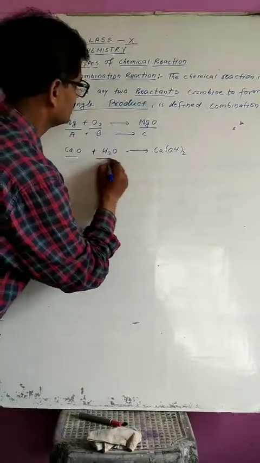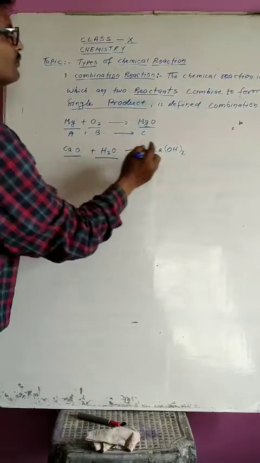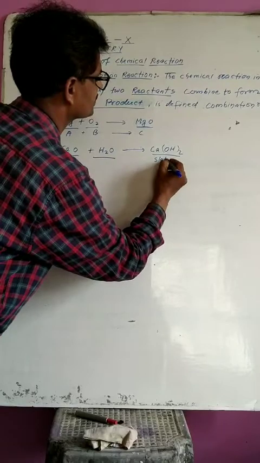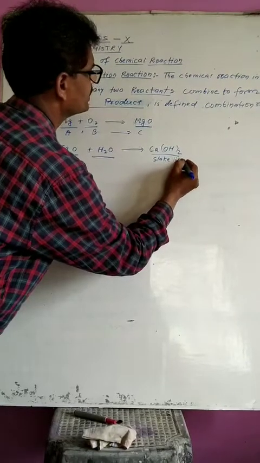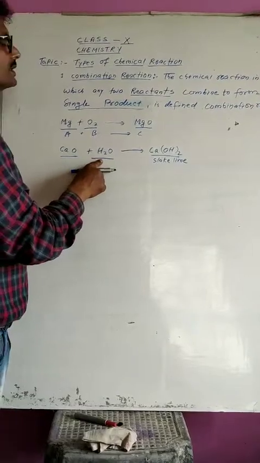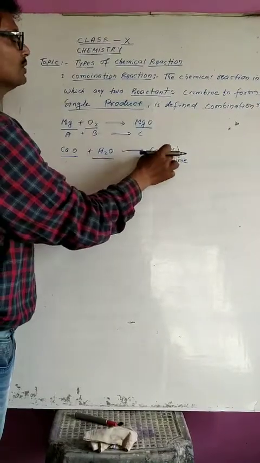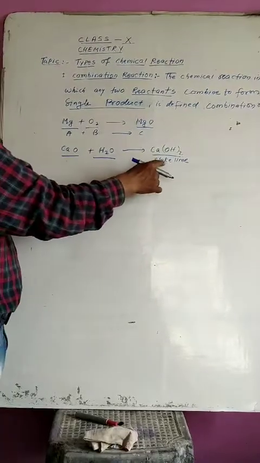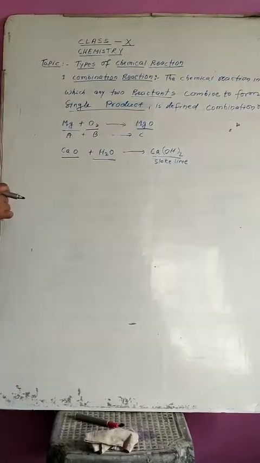Quicklime, whenever treated with water, forms calcium hydroxide or slaked lime. Here we see these two reactants combine to form a single compound, calcium hydroxide. This is considered the combination reaction.